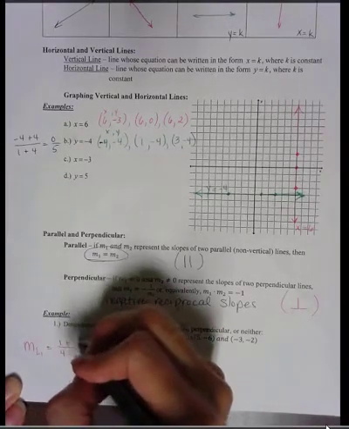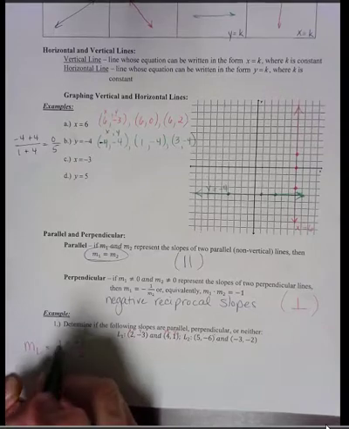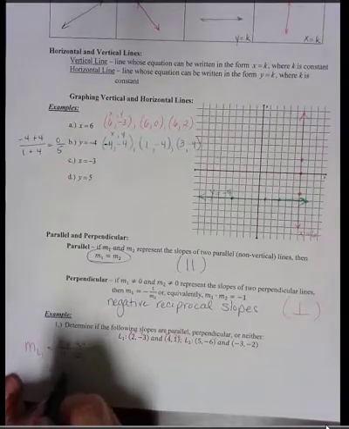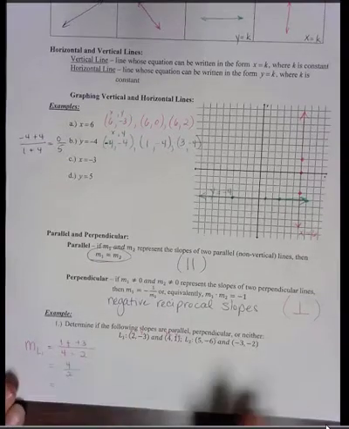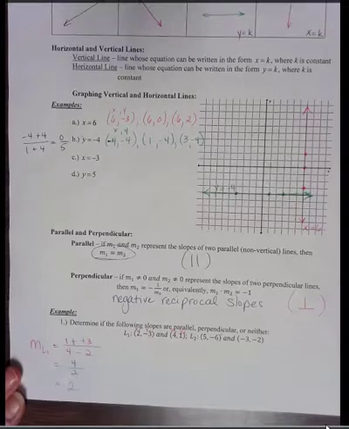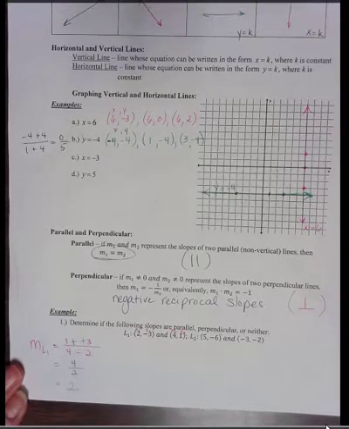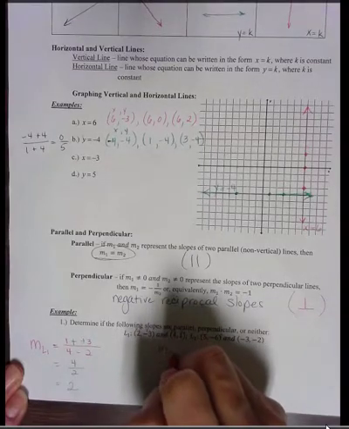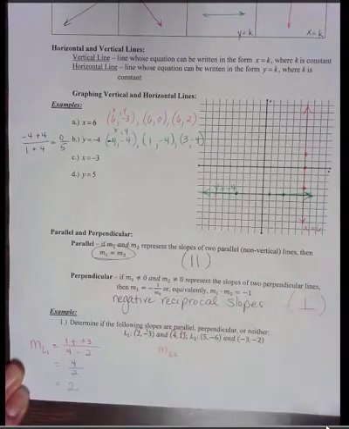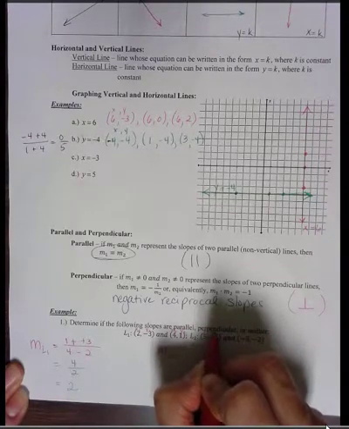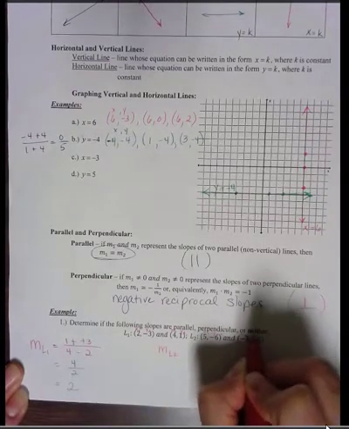Okay, so I'll go ahead and calculate my slope, which would be 2 plus 3, and then 4 minus 2. And so my slope for this particular line is 2. Okay, then I'll go ahead and calculate the slope on the other line. So I have the slope of L2. And so again, if you want, you can label x1, y1, x2, y2.